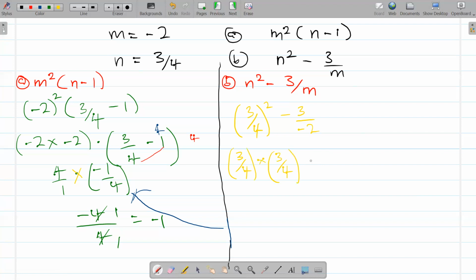Okay, let's complete this step first. So 3 over 4 times 3 over 4, right? You see, this is minus. So minus is being multiplied by another minus here, right? Minus times minus, what do you get? Minus times minus, I get positive. Yes. Positive.